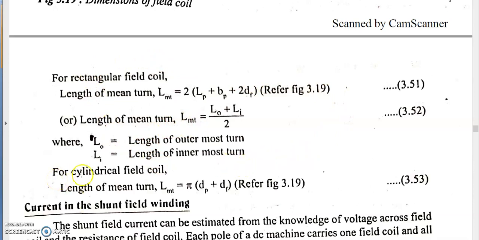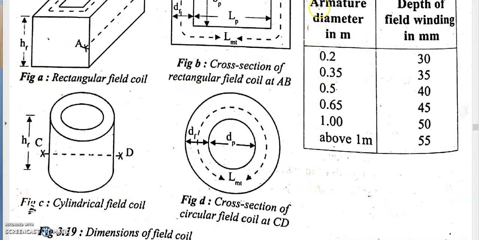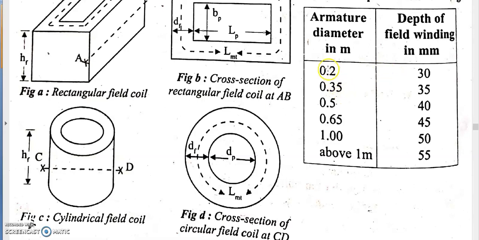Suppose your field coil is cylindrical in construction, so the length of the mean turn can be calculated, see here. So this is the length of mean turn of the field coil in a circular field coil section. Here BP is the diameter, which we have already calculated in the design of field poles. The depth of the field winding we will be assuming for the system based upon the armature diameter.